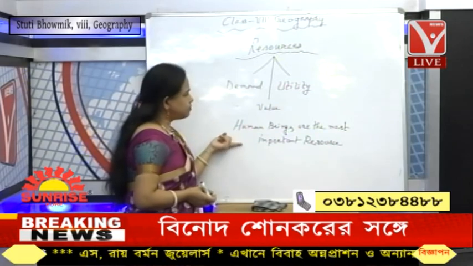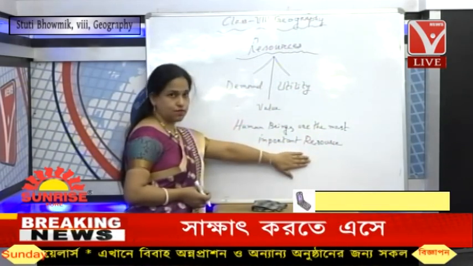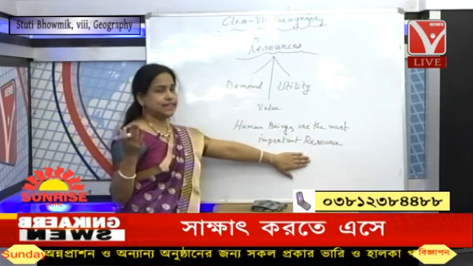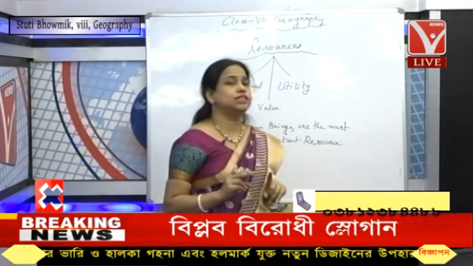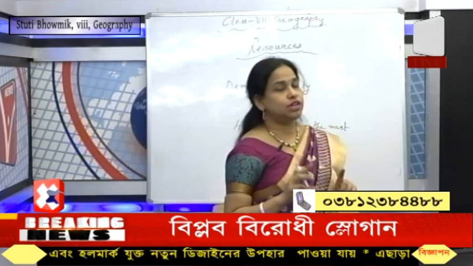Okay, and human beings are the most important resource of all, as we have discussed, and in relation to this I would tell you one thing: human beings are the creator and they are also the consumer.